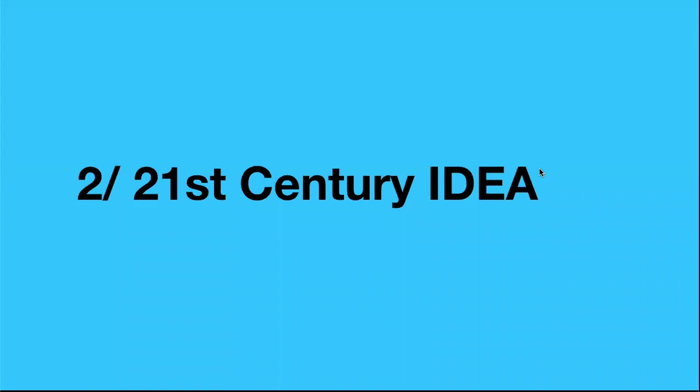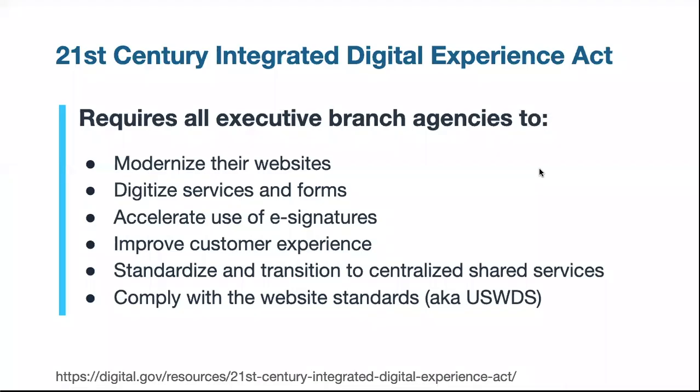More recently, the 21st Century IDEA was passed. That is the Integrated Digital Experience Act. And so this actually mandated that all of the executive branch agencies do a handful of things with their websites. They have to modernize them. Services and forms should be digitized.